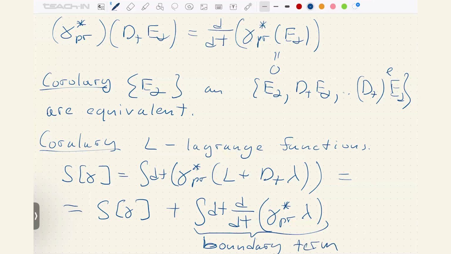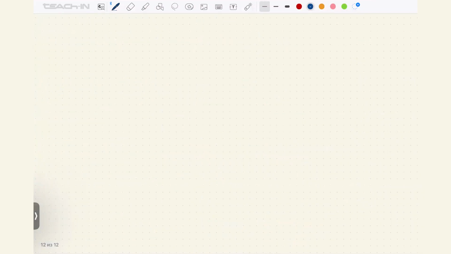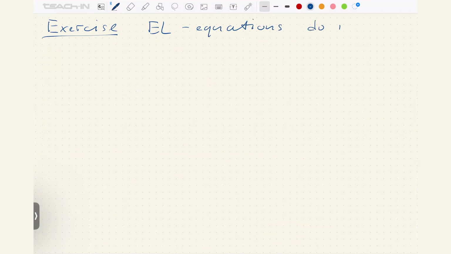And as you know, if you add d_t lambda to your Lagrangian, Euler Lagrange equations do not change. It's an exercise. So Euler Lagrange equations do not change if we go from L to L plus the total derivative of a function.